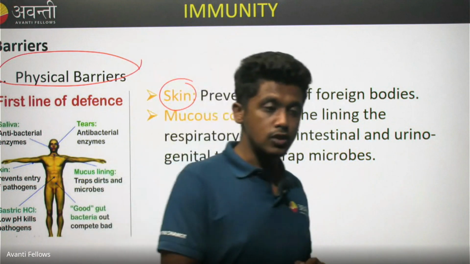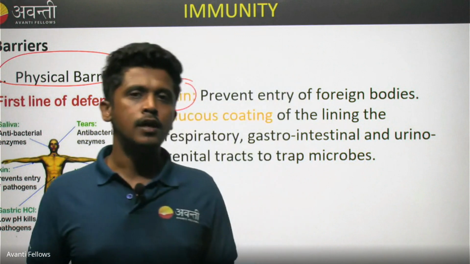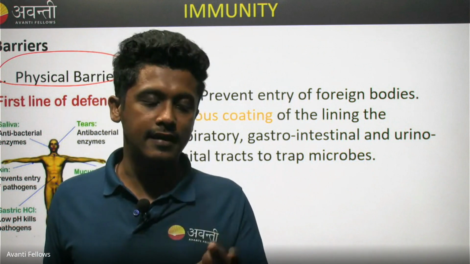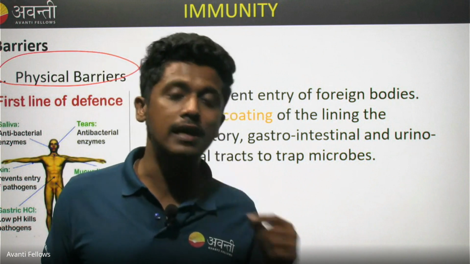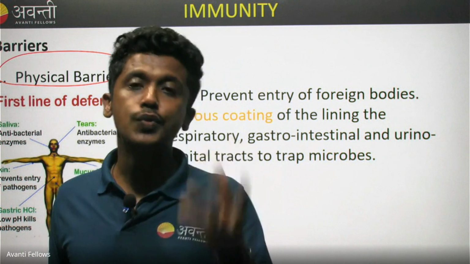And your skin also has a natural defense where it secretes some oil through sebaceous glands. You can see on your face there is a greasy substance; that is a sebaceous secretion coming from the oil glands in your skin. It also secretes sweat.